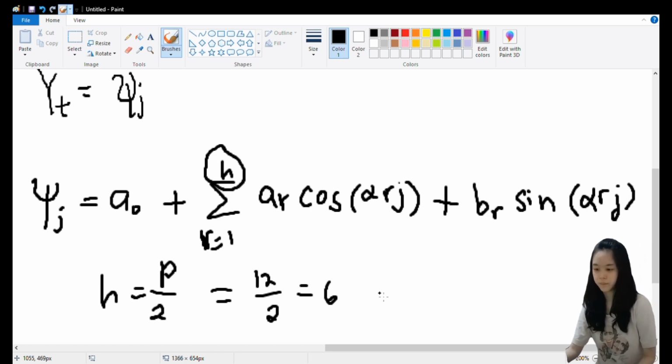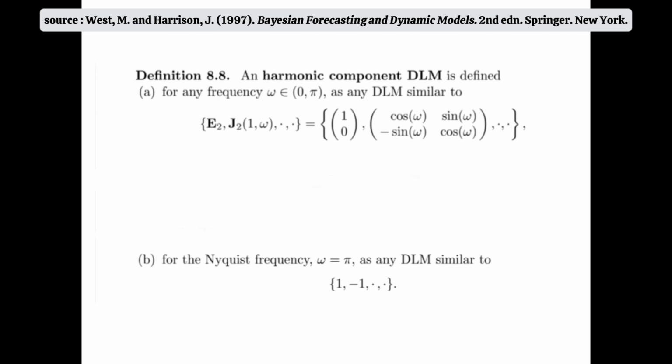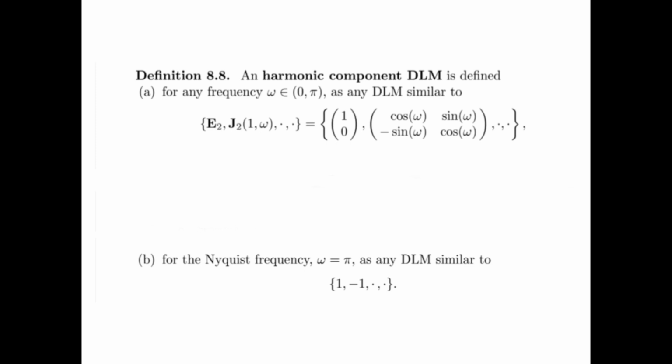That's the idea. The introduction of r, the harmonics, is necessary and more convenient because the DLM definition to capture the seasonality pattern using trigonometric functions, or periodic functions, is based on each harmonic. So we have 6 harmonics right now.